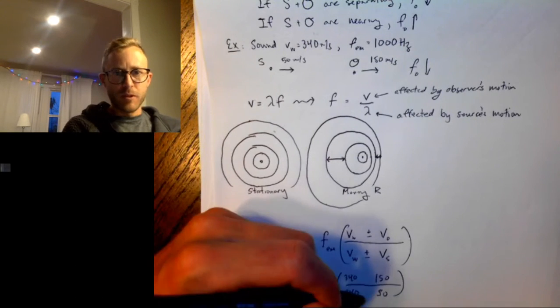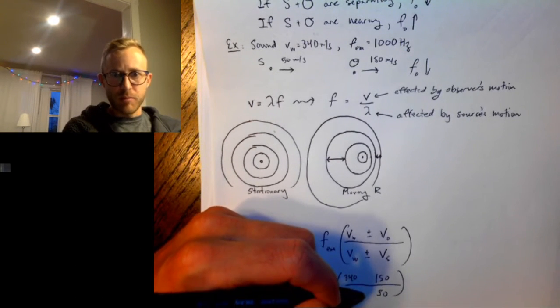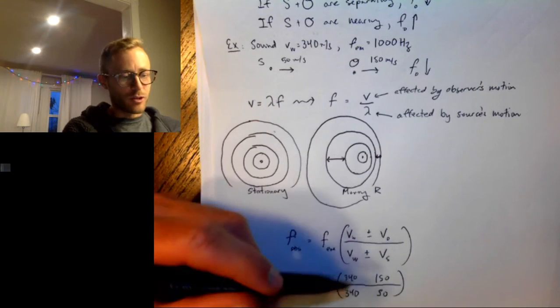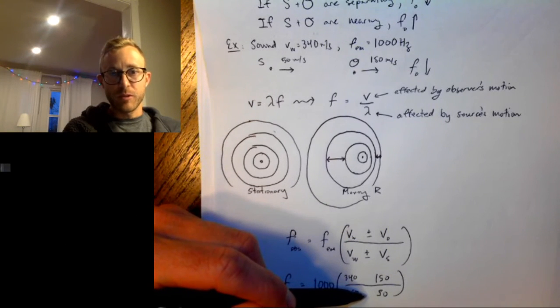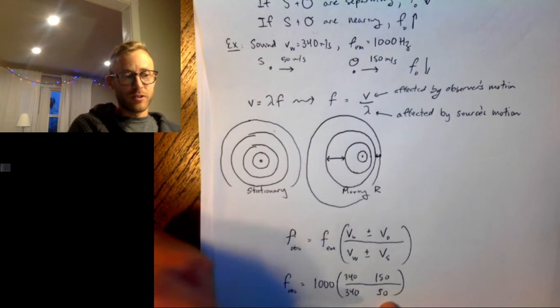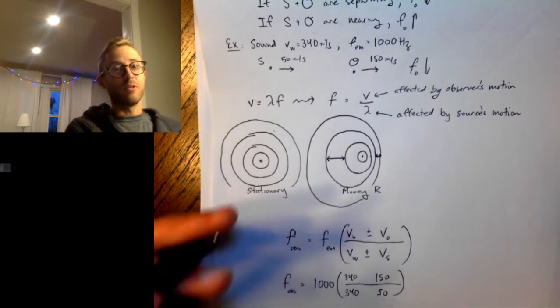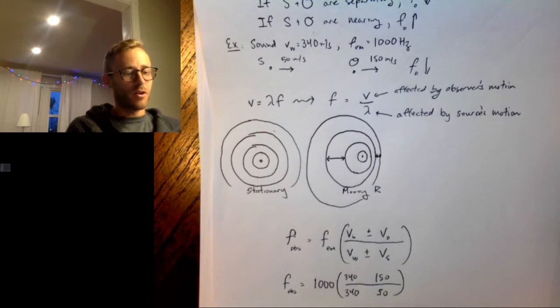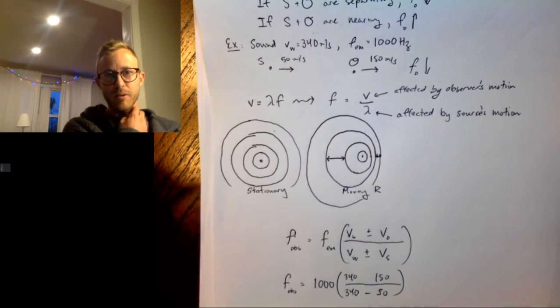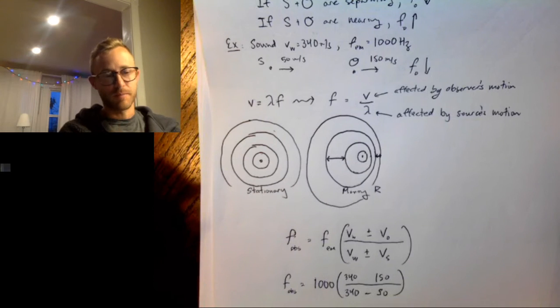So when we have the option of a plus or a minus, we want to choose the option that's going to make the observed frequency bigger. Now see how the 50 is in the denominator, and to make the observed frequency bigger, we want to make the denominator smaller. So I'm going to choose the minus sign. That would tend to shift the frequency up.